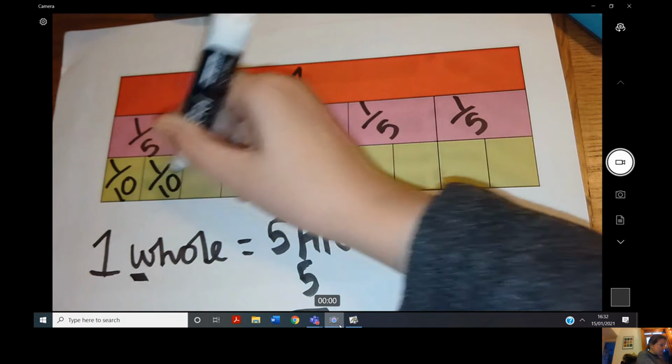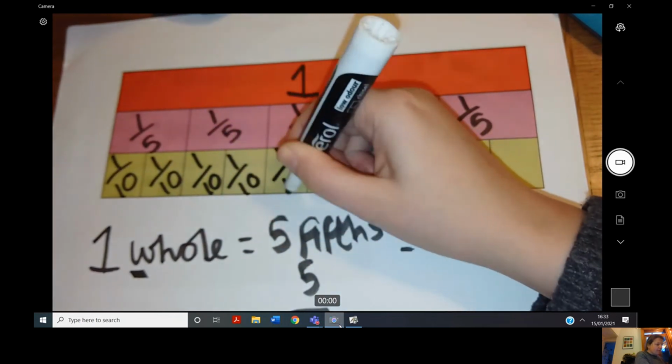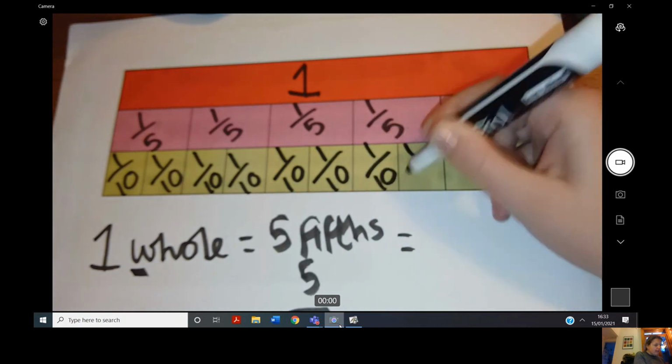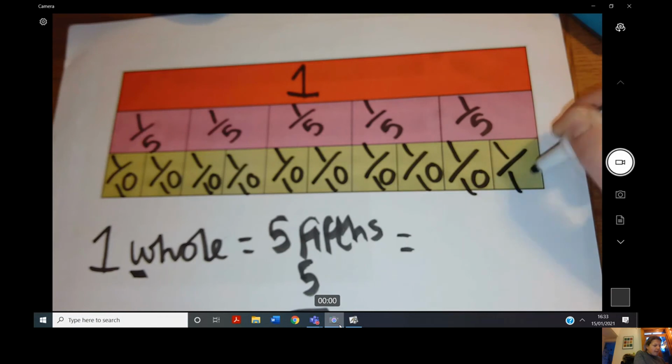1/10, 1/10, 1/10, 1/10, 1/10, 1/10, 1/10, 1/10.